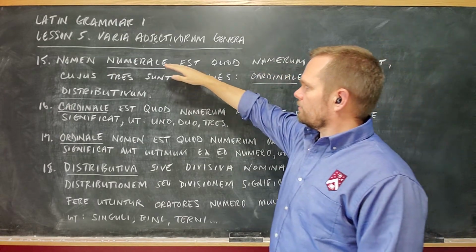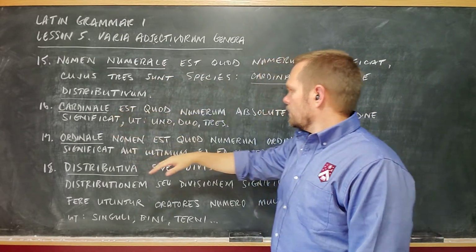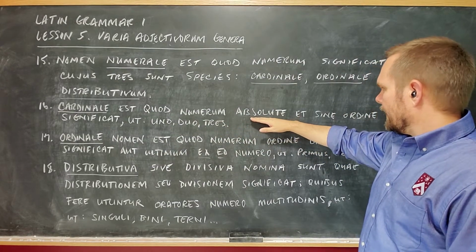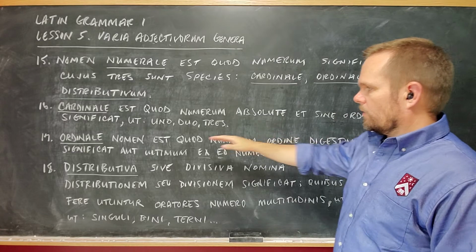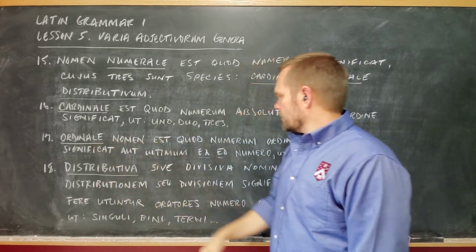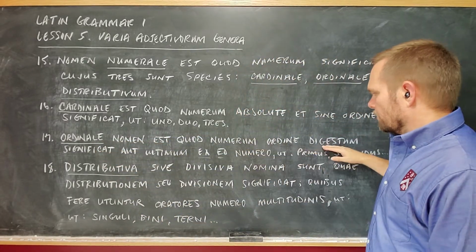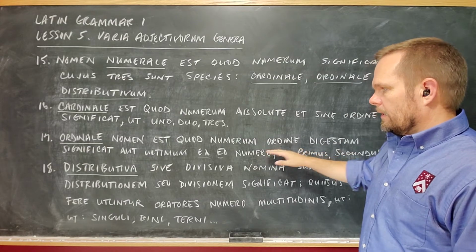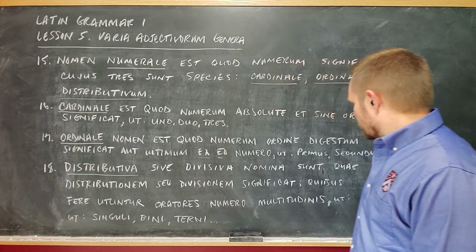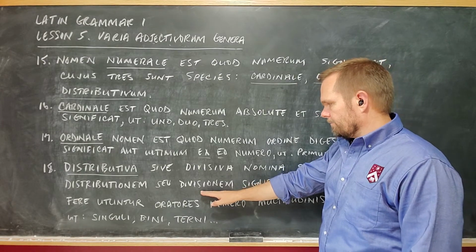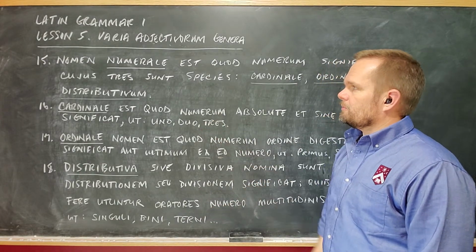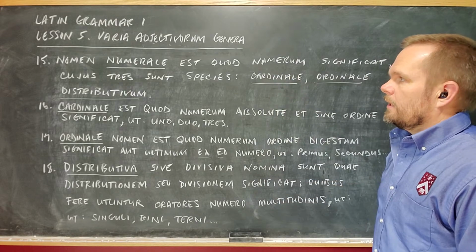Three species of numeral nouns: cardinal, which signify a number absolutely and without any reference to order; an ordinal numeral, which signifies a number arranged in order; and distributive, which signify distribution or division. Okay, these are the three species of numeral adjective nouns.